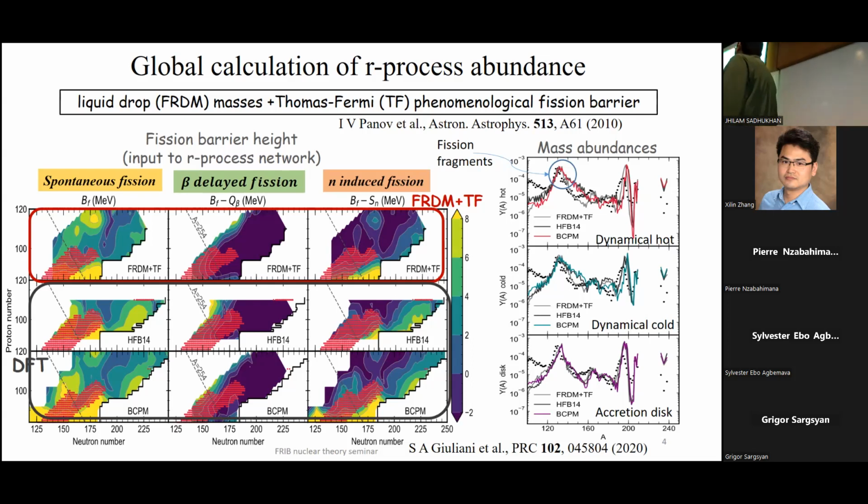We can also have neutron-induced fission in a neutron-rich environment. This is the fission barrier minus the neutron separation energy, which decides the possibility of neutron-induced fission.